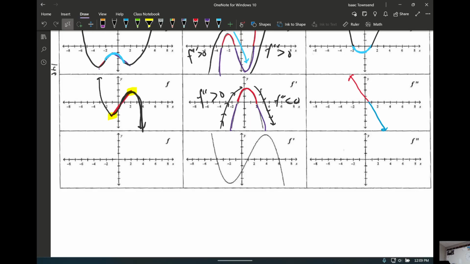What about this part? Probably the ones that go up and down. Yeah, that's yours. Whatever the slope is.